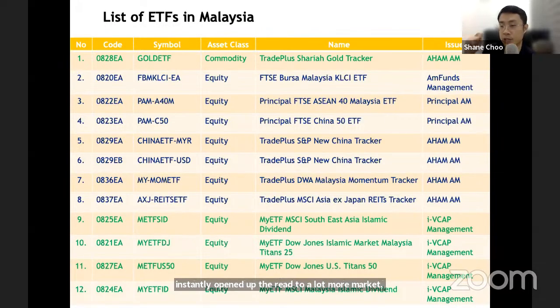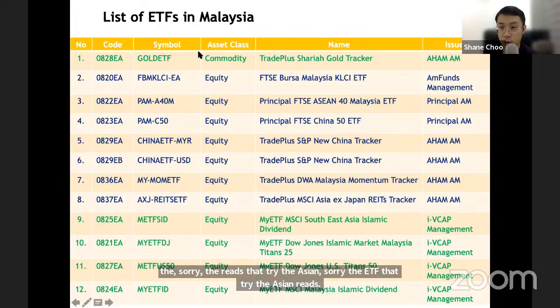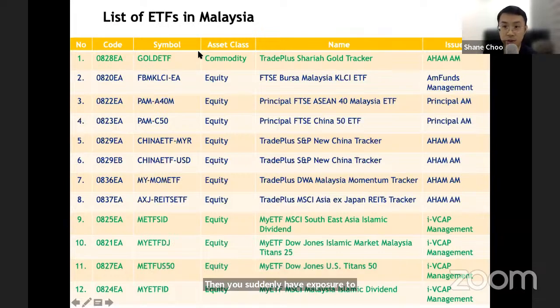For example, if you just buy IGB REIT, then your exposure is to Mid Valley and The Gardens Mall. But if you buy the Asian ETF that tracks the Asian REITs, then you suddenly have exposure to hundreds of thousands of real estate in Asia.